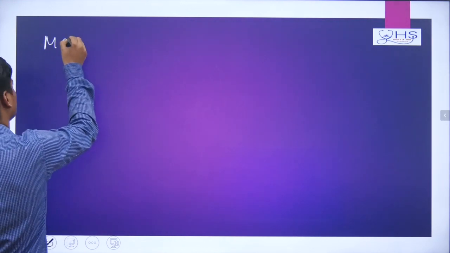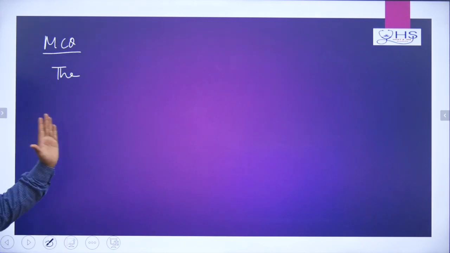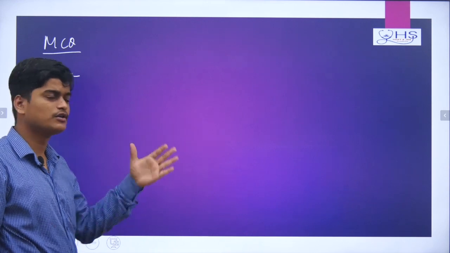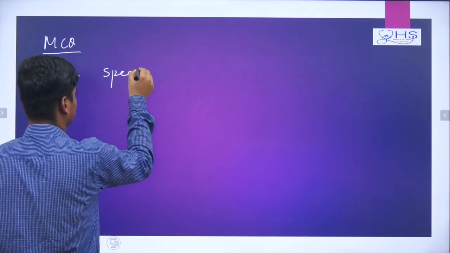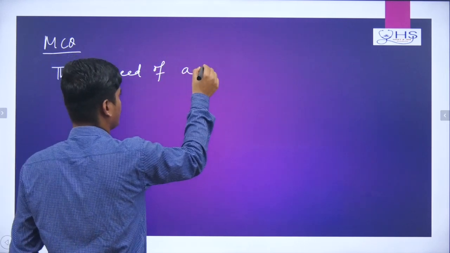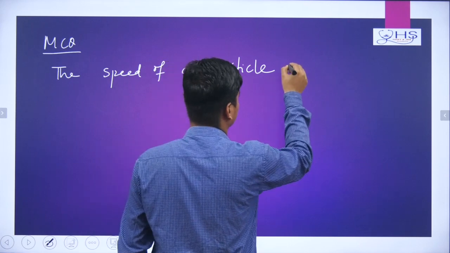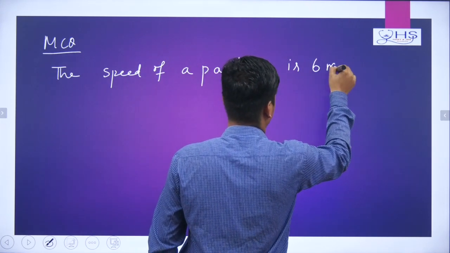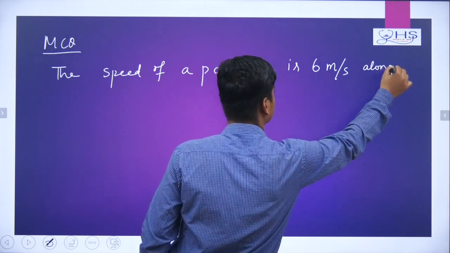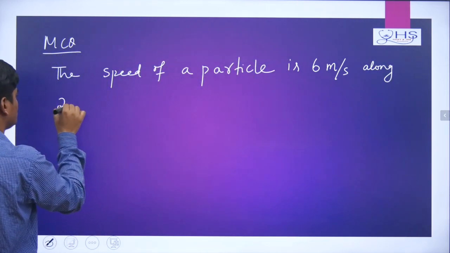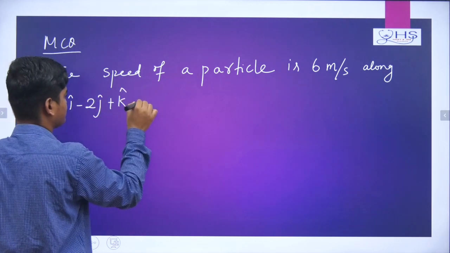In this MCQ, we'll be seeing a question under whatever we have discussed in the last slides. Now the speed of a particle is 6 meter per second along 2i minus 2j plus k.